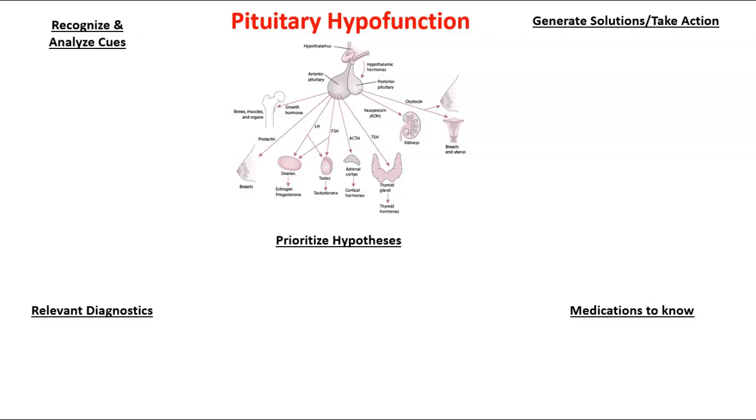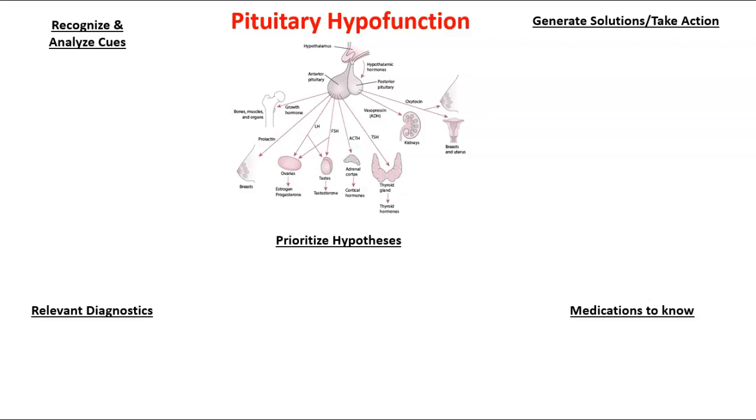So signs of a lesion would be things like a headache, visual changes, loss of smell, nausea, and vomiting. Now, a clinical red flag for a pituitary adenoma with increased intracranial pressure is projectile vomiting. I want you to remember that because that's important for any sort of increased intracranial pressure.